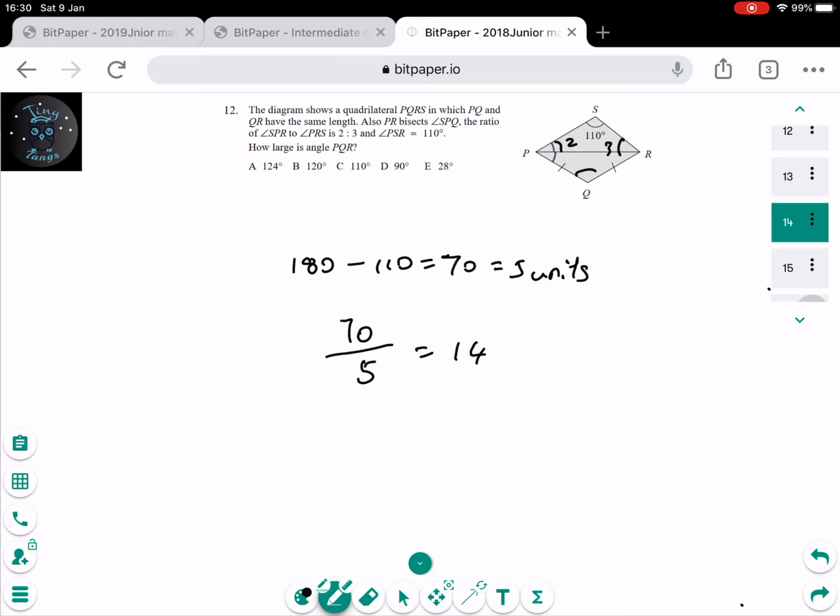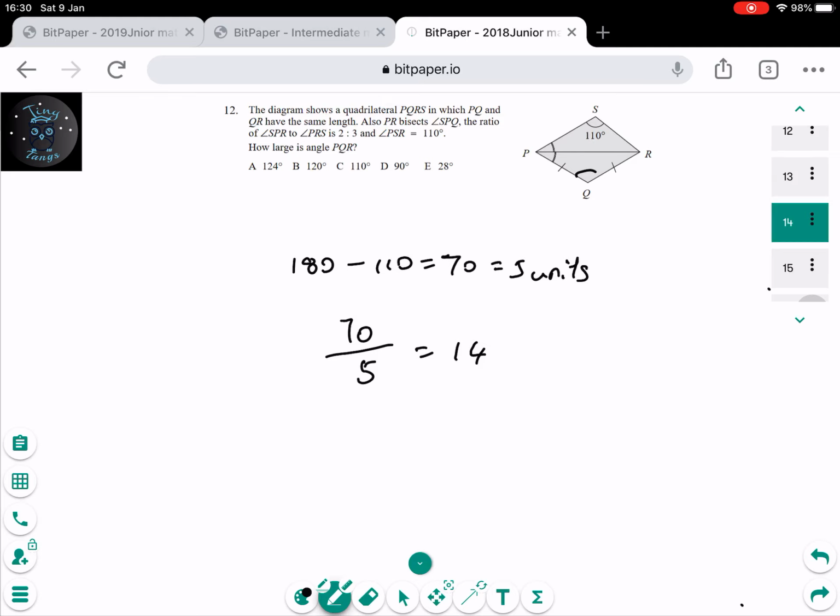PR bisects SPQ, so we can now replace SPR and PRS with actual angles.